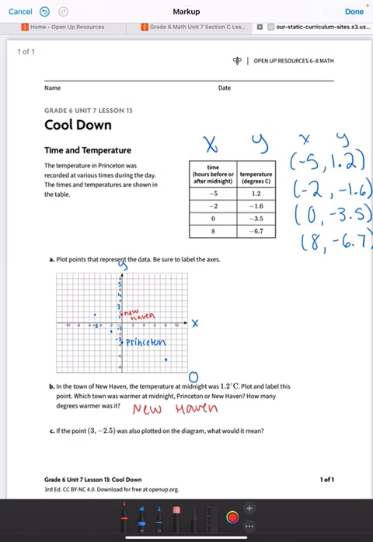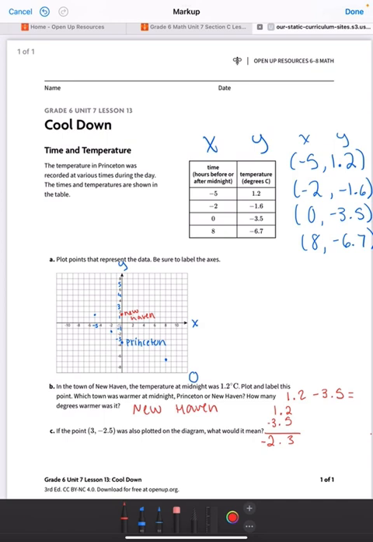So we would just have to subtract those. Should have been a -2.3 difference.